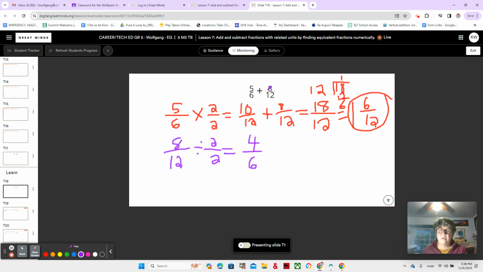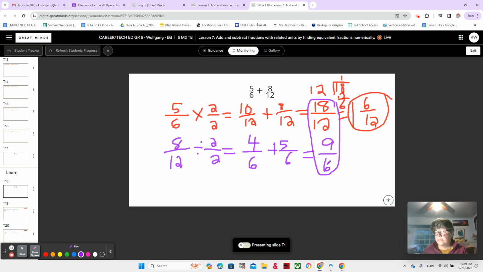So we can take our equivalent fraction 4/6 and add it to 5/6. And that gives us 9/6. Now, here we had 18/12ths. Here we have 9/6.